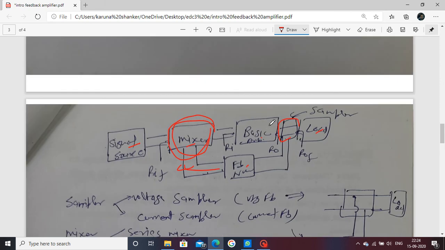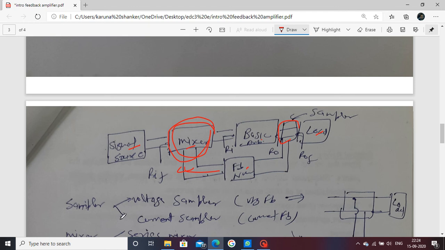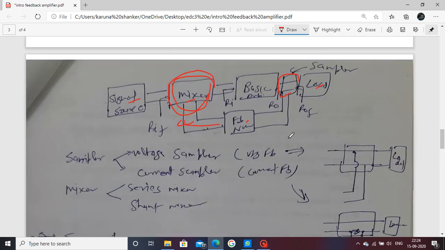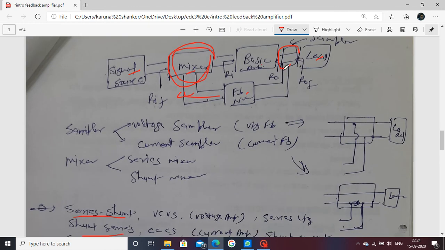That's why we use a mixer, and the next is the sampler. The mixer mixes voltage or current, and is of two types, series form or shunt form. The sampler samples the output in the form of voltage or current, that is, a voltage sampler or current sampler.